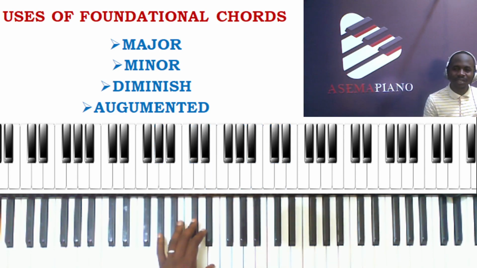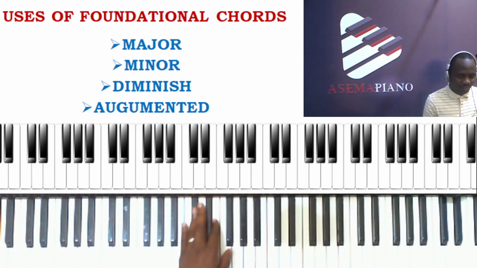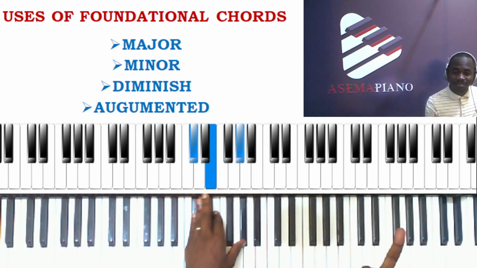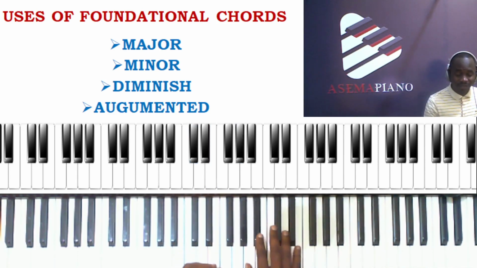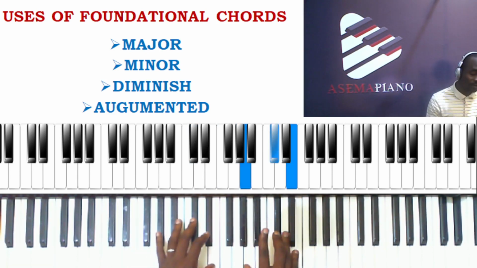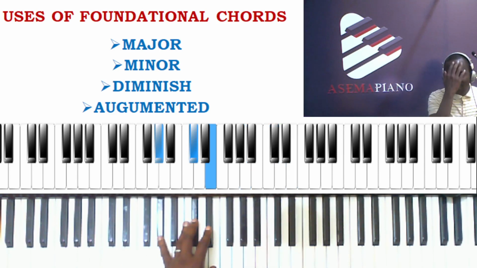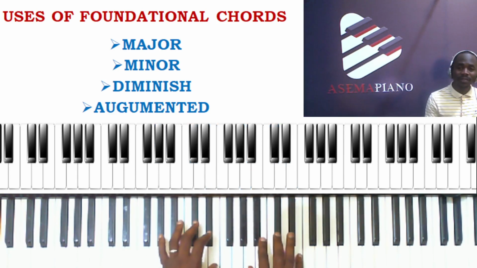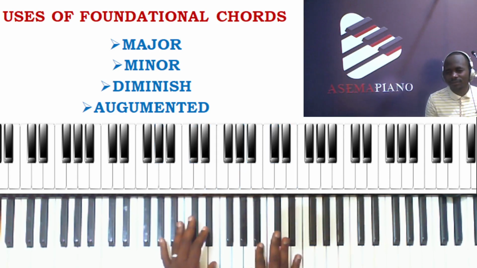Because on my left hand side I have C sharp minor, because C sharp minor is the third chord in the scale degree of A. So in my right hand I have A major chord, and in my left hand I have C sharp minor. So if I combine them, I get the A major 7.